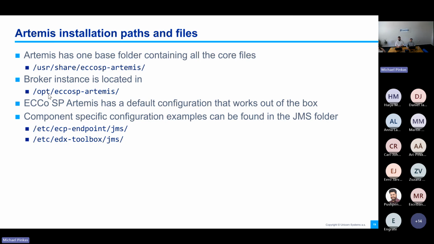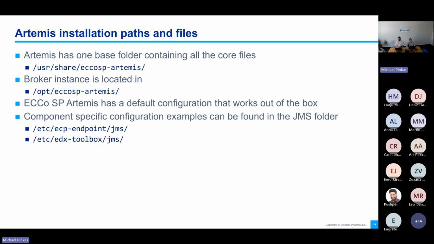So we will focus mainly on the OPT ECCo Artemis folder, where you will find all the configuration files you will change. You will probably not change anything in the user share and don't need to mind that at all. The OPT broker instance folder contains the default configuration files themselves.